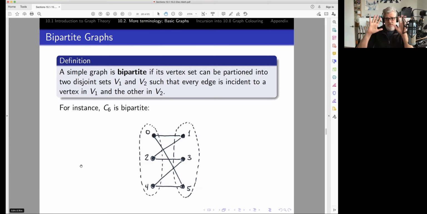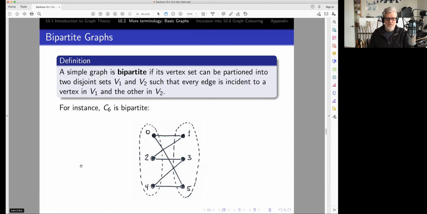You can cut the vertex set as a disjoint union of 2 sets, let's say V1 and V2, such that the edges are never inside V1 or V2, but across. They have to go from V1 to V2. There's no orientation, but they connect a vertex in V1 and a vertex in V2.